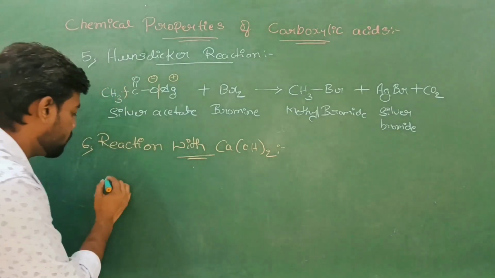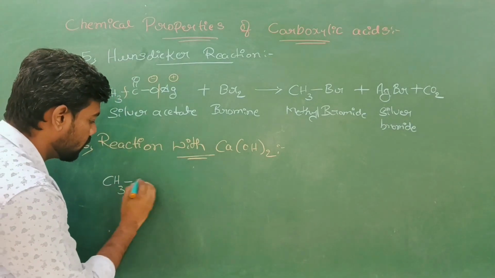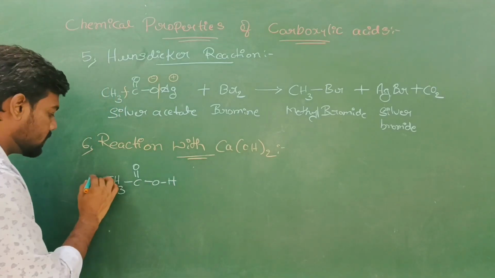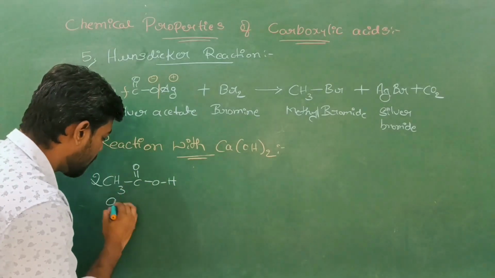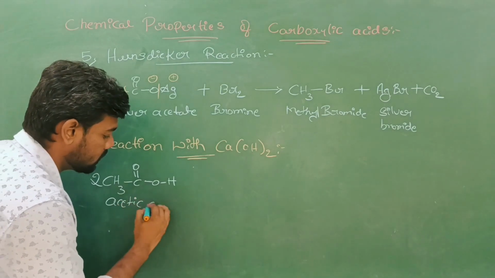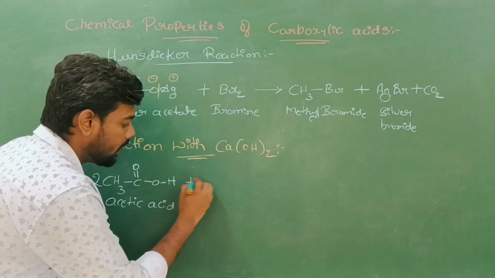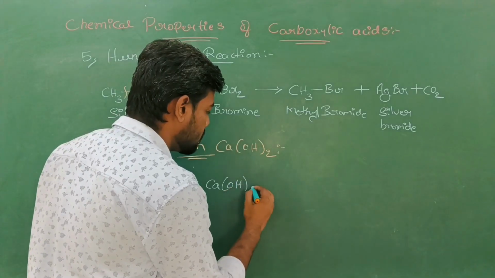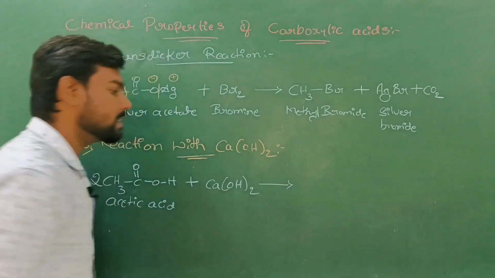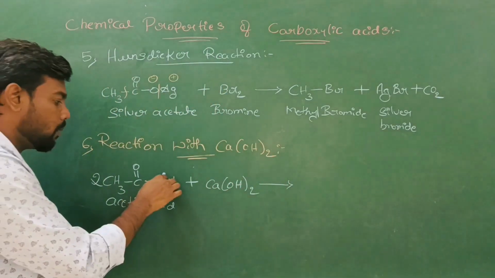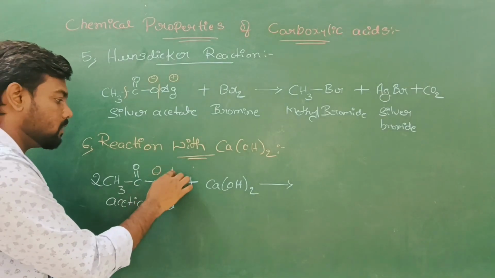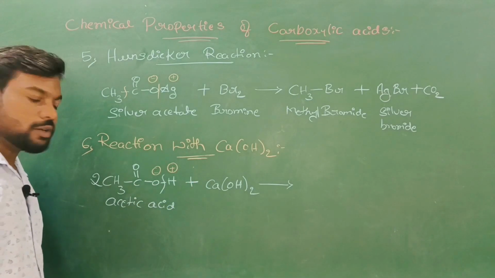For example, when two molecules of acetic acid react with calcium hydroxide, the bond between the oxygen atom and hydrogen atom will break. The oxygen atom will carry a negative charge, and the hydrogen atom will carry a positive charge.